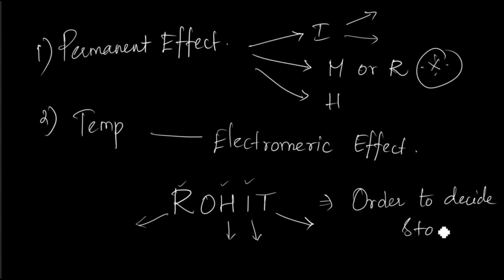Most of the questions will be asked from the resonance effect and inductive effect. In better cases, you can expect questions from hyperconjugation also. Hyperconjugation is nothing but: as the number of alpha hydrogens increases, the stability also increases.